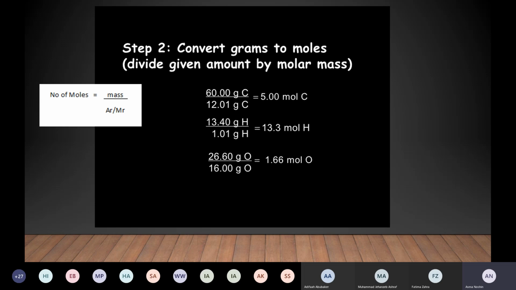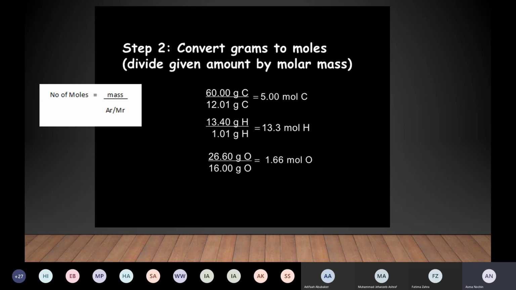Now over here, what will we use, AR or MR? We should write AR. Very good, Zaria. We will use AR. Why? Because we do not have a compound, so we will use AR. It will be the atomic mass of that element.